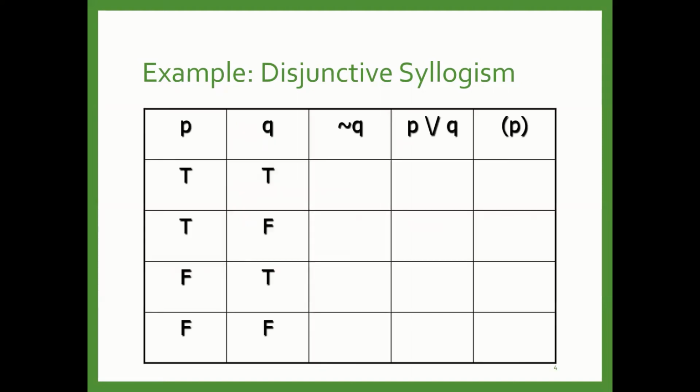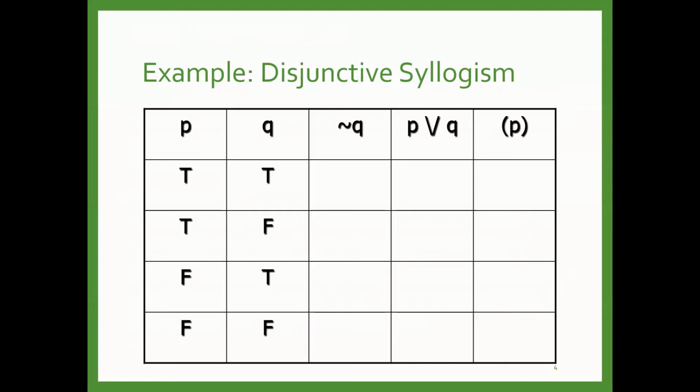In order to evaluate, we need a representation of each of the premises and the conclusion. First we have to cover all possibilities of truth values for the sentence letters P and Q. The traditional way of doing this, when we only have 2 sentence letters, is to go down the first column: true, true, false, false.